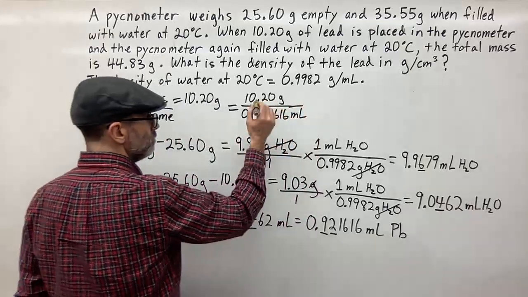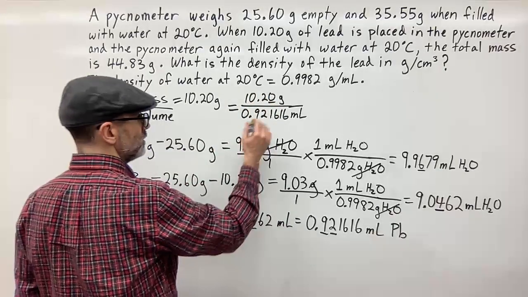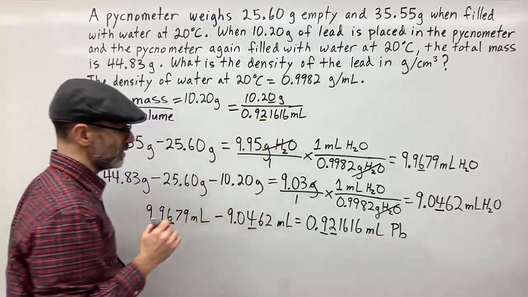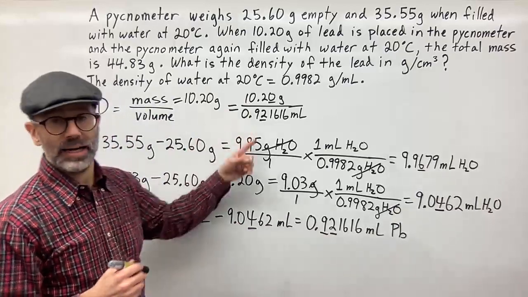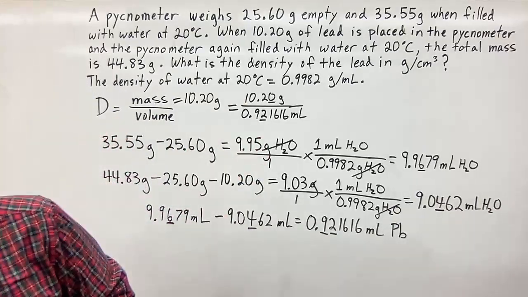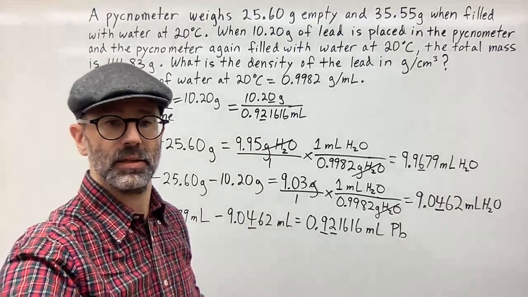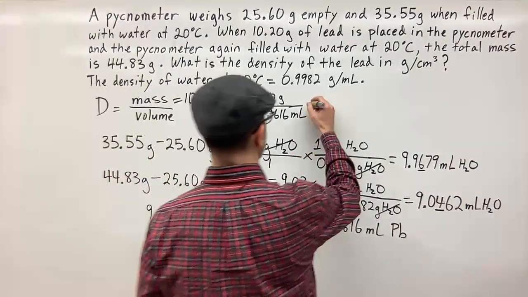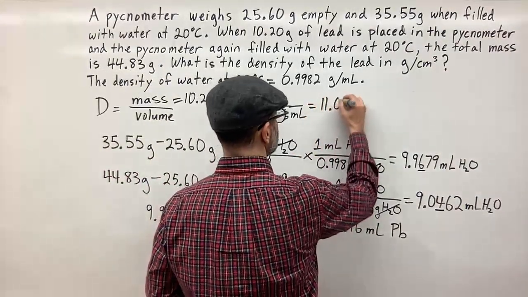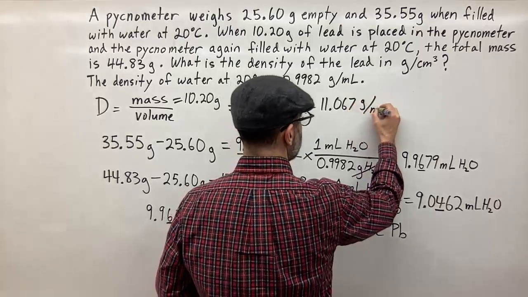And again, that's the last significant figure for the mass, and this 2 is the last significant figure for the volume. So now I divide, and when I divide, I get, let's see, 11.067. So I get 11.067 grams per milliliter.